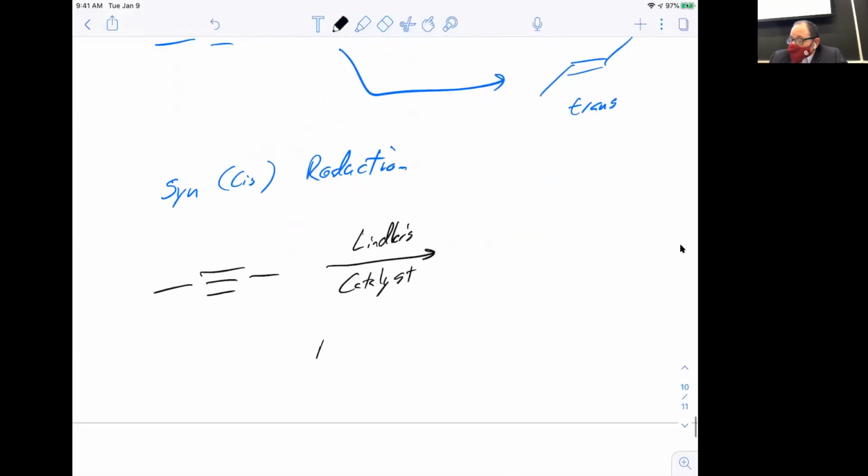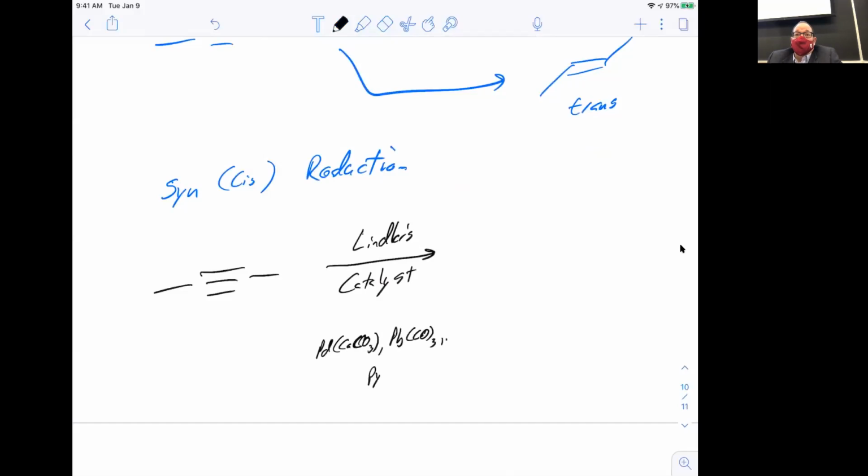Lindlar's catalyst, if I remember, is palladium on calcium carbonate with lead carbonate, and I believe pyridine or some other amine.